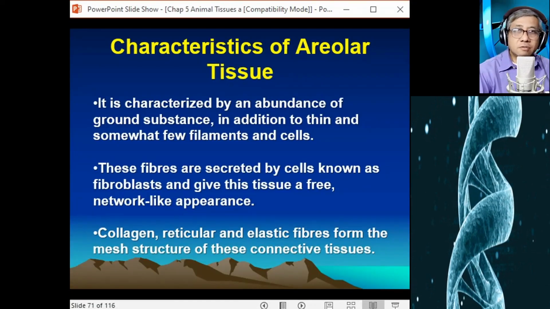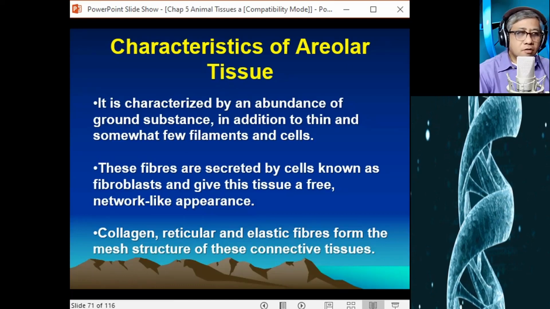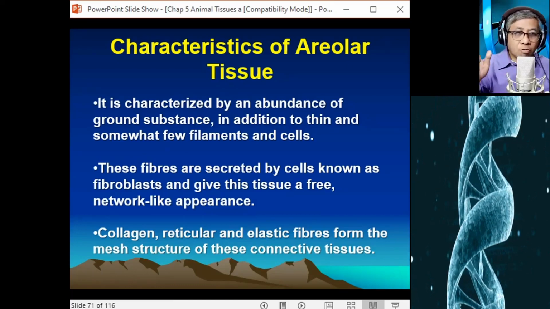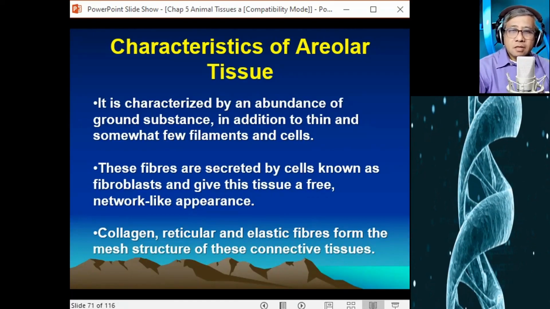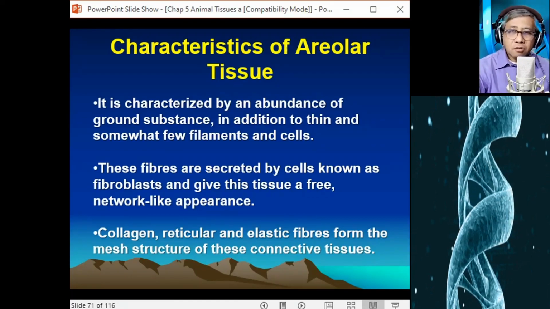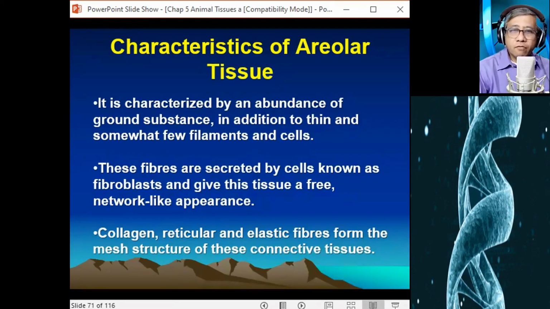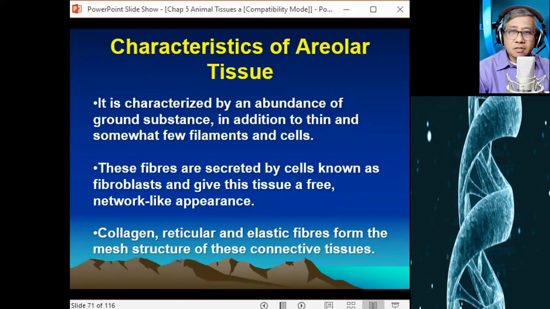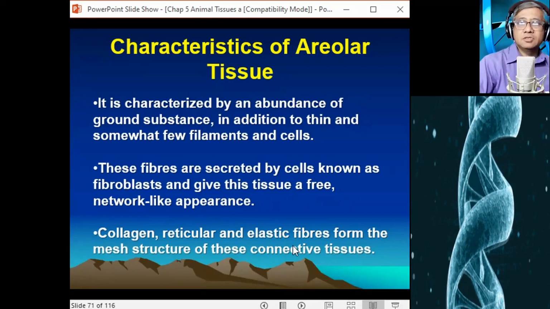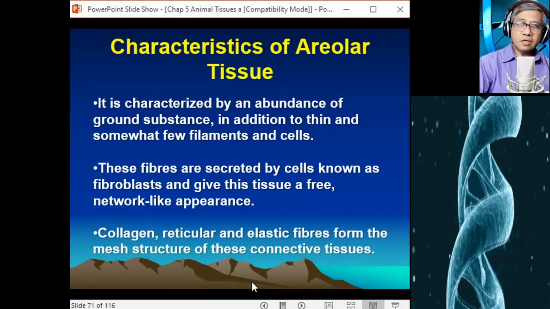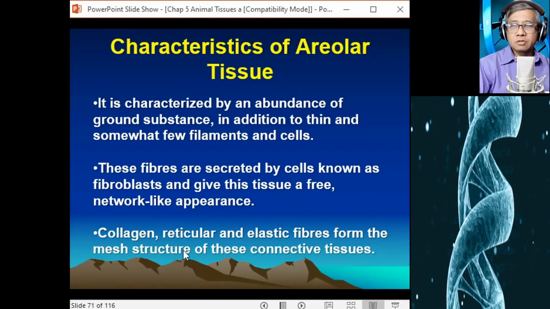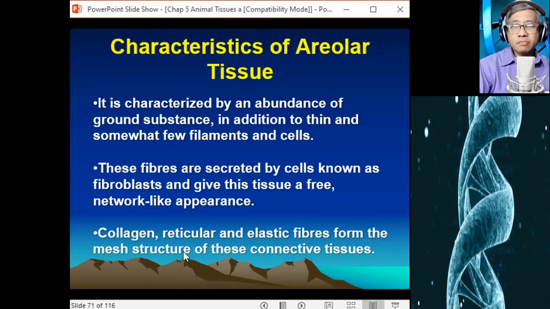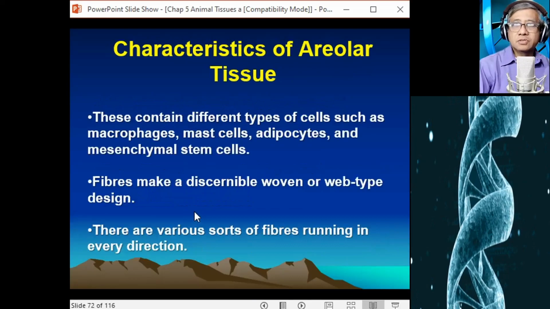Hence the term areolar, meaning the fibers look messy, they form a mesh-like network. The collagen and reticular elastic fibers form the mesh-like structure of this connective tissue. So our keyword here is mesh, the appearance of the fibers under the microscope.